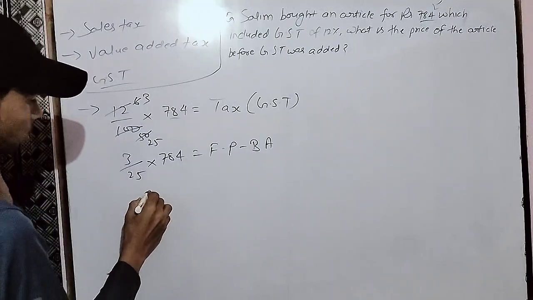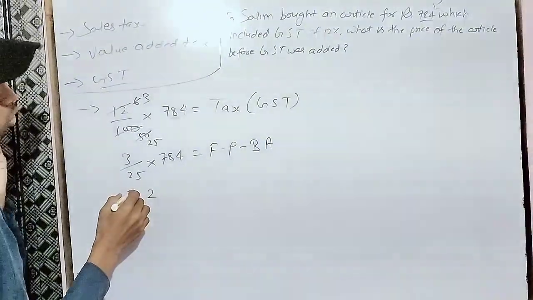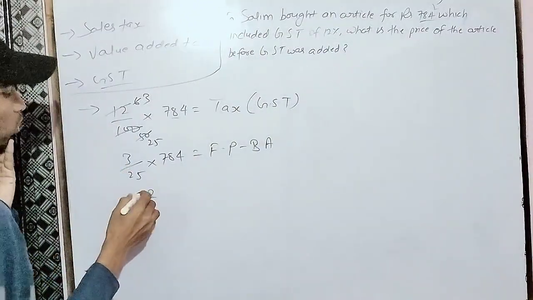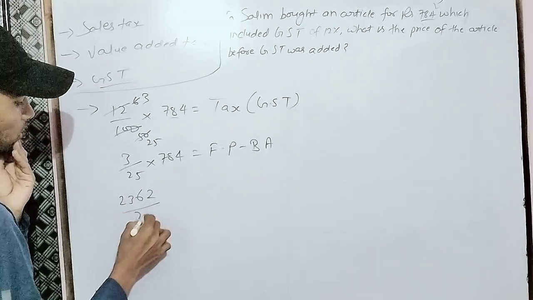Three fours are 12, three twos are 24, 24 and 2, then 23 upon 25.